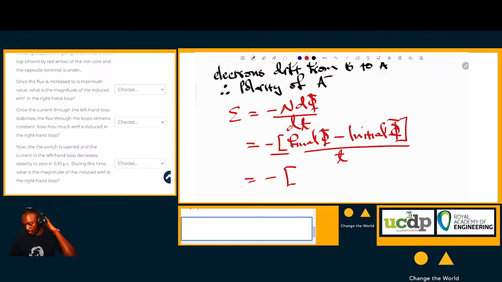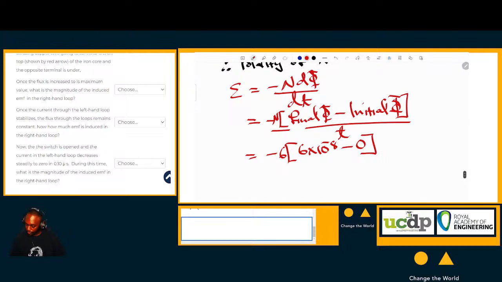And what is our final flux? I should factor out N there. We're told that we've got 6 turns. Our final flux we're given there, it's 6 times 10 to the negative 8. And our initial flux is 0, because initially the flux was 0. Over the time, which is 100 microseconds, right?